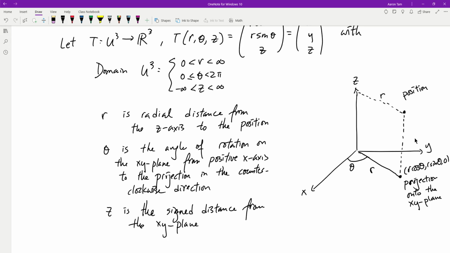And therefore it makes this point exactly the same as the projection (r cosine theta, r sine theta), except that it now has a z coordinate, which is how far it rises up to where the position is. So as you can see, this cylindrical coordinate system is basically a polar coordinate system with the z coordinate added in. That's why it's very easy to use, relatively speaking, almost identical to using the polar coordinate system. And so if you believe the Earth is flat, then this will be the coordinate system for you.